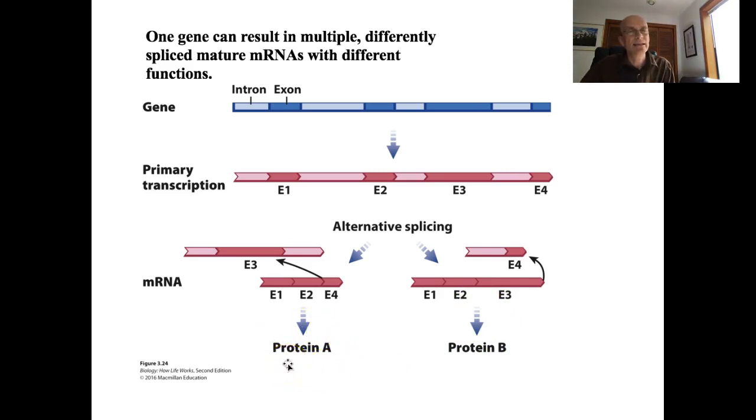We haven't discussed that detail yet, so no worries if that still sounds a bit nebulous. But what you should be able to understand already is that if you have different parts of the gene that are spliced together to produce a mature mRNA that's producing the protein, that's got to be different than if you have a different set of pieces of DNA. All right, so that's alternative splicing.